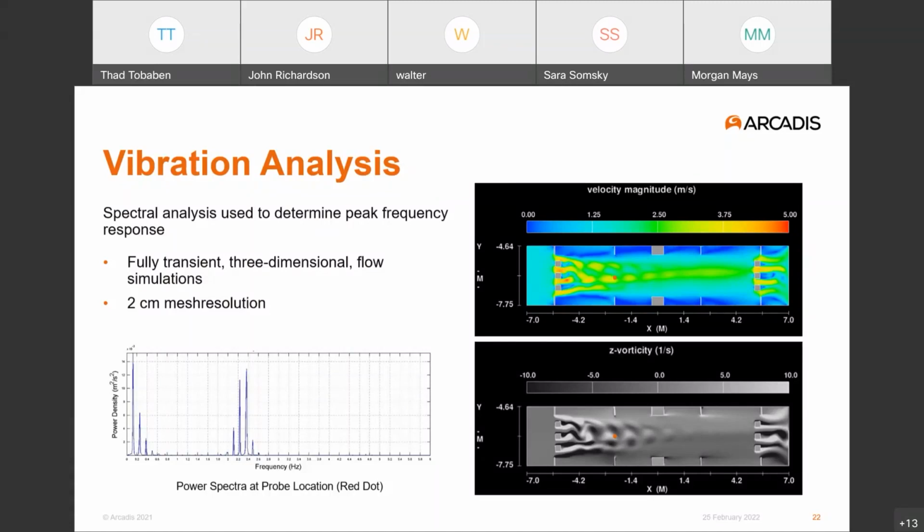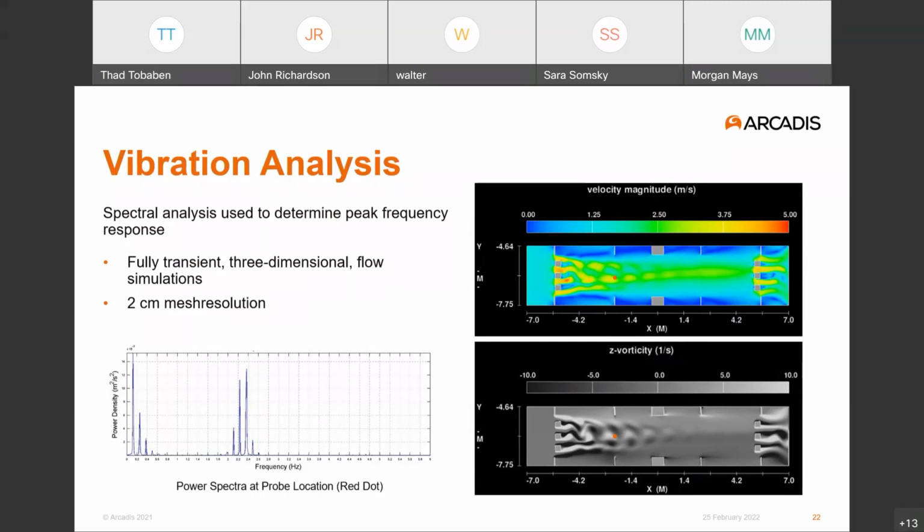And what you see as the flow moves from the left through the first set of braking bars is the development of vortices, if we were to look at vectors as well. So you're developing vortices that are being shed alternately as the flow passes the braking bars.